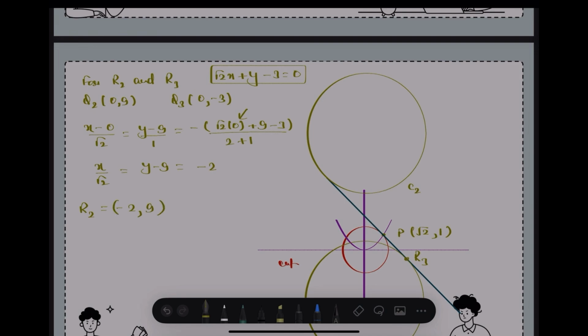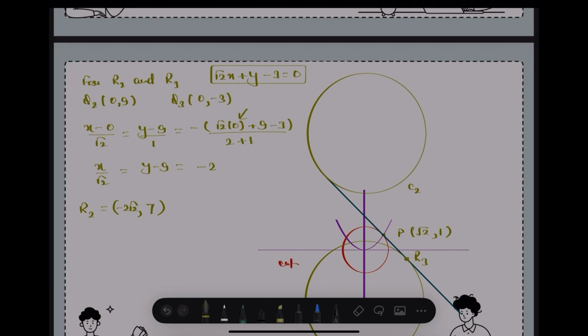Correct. So R2 is what? 2 root 2, sorry, there is root 2 also. Minus 2 root 2 comma, this 9 will go that side, it will become 7. Correct. So you got R2 as this thing.